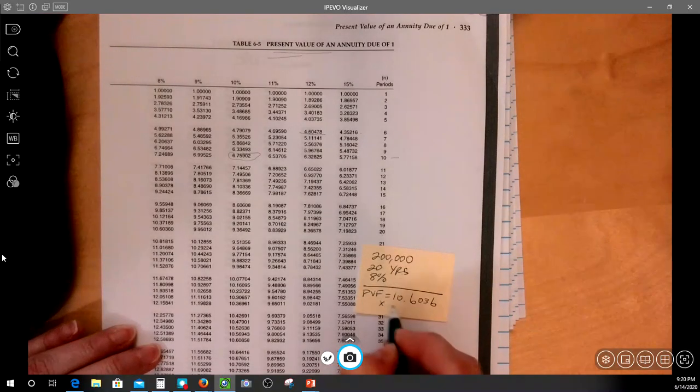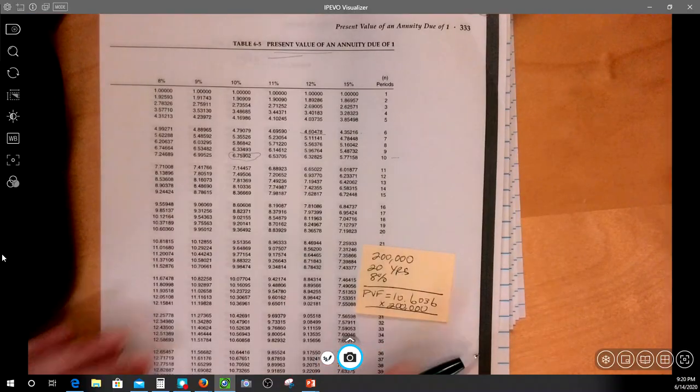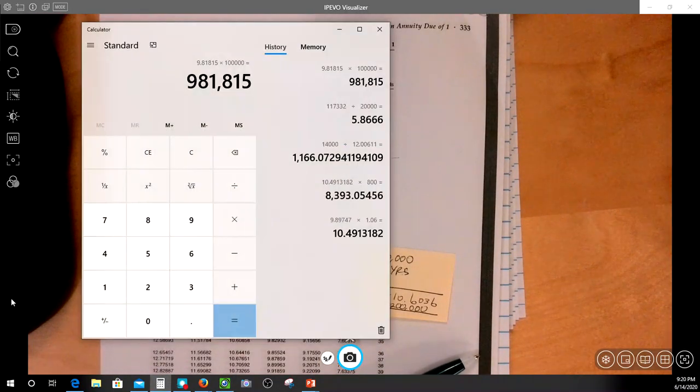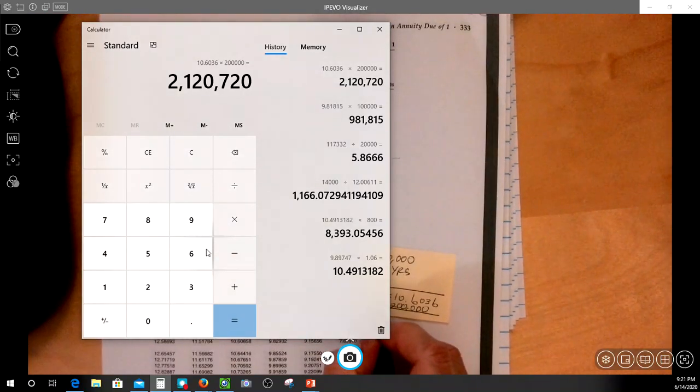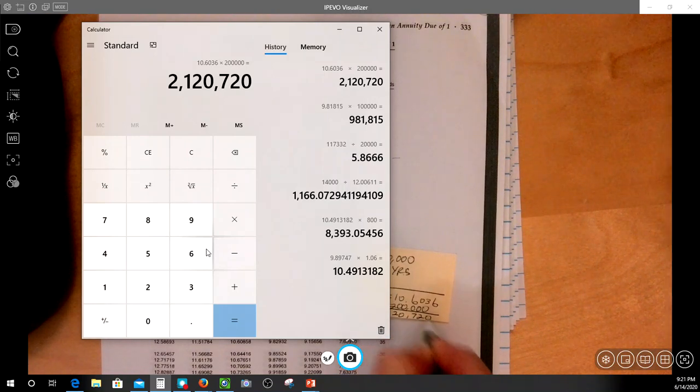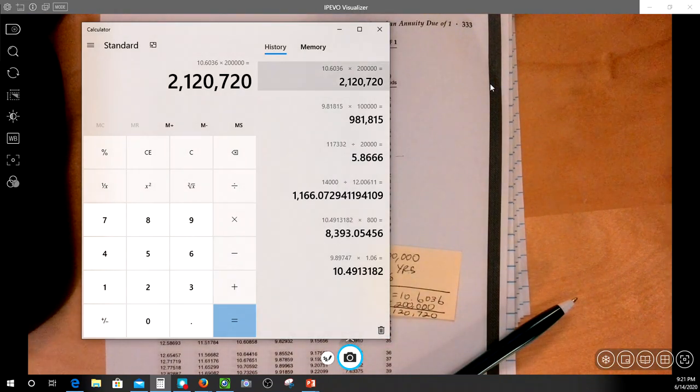Going to multiply 200,000 by it to get $2,120,720.